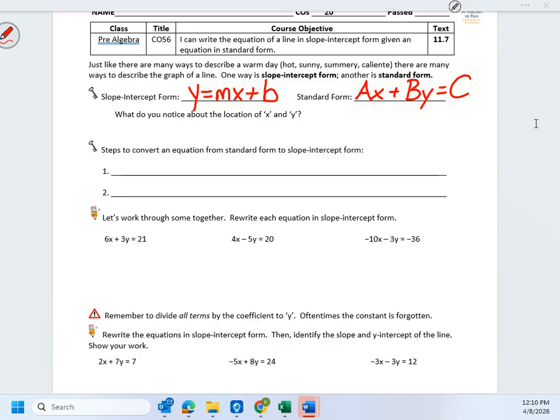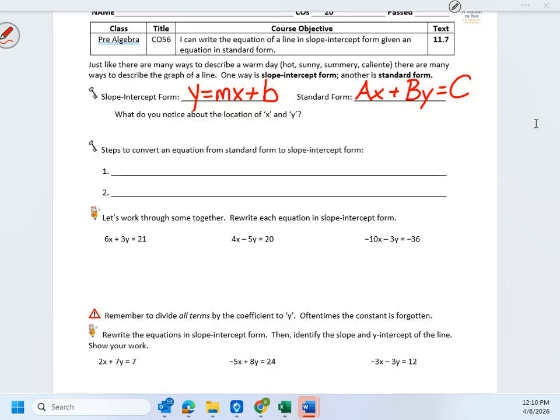So what do you notice about the location of the x and the y? When it's the slope-intercept form, what do we notice about the x and the y? Elliot? The y goes before this. Give me a little bit more.